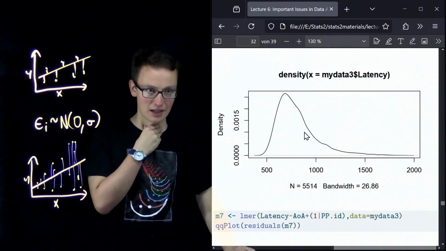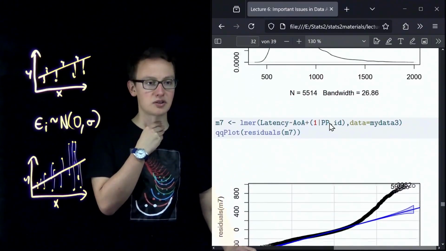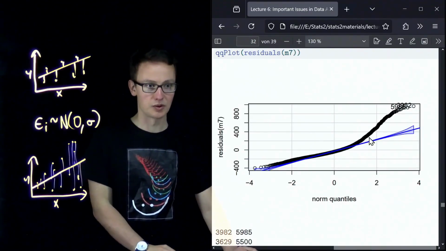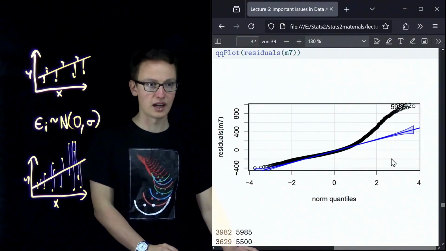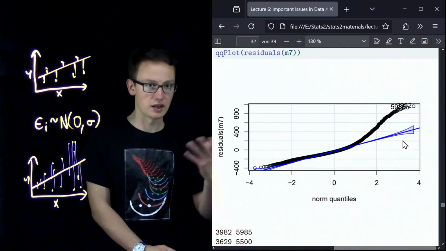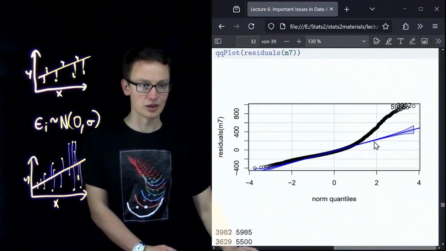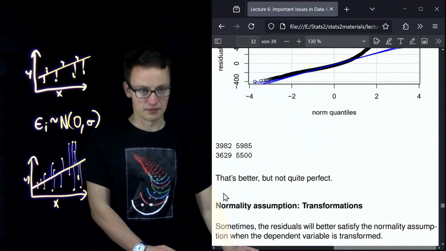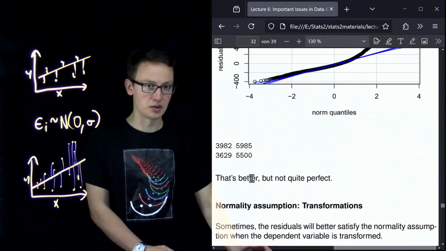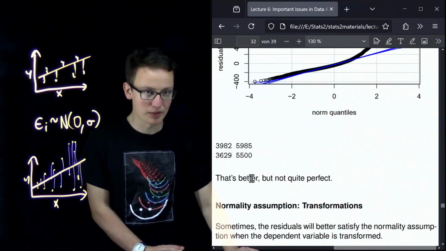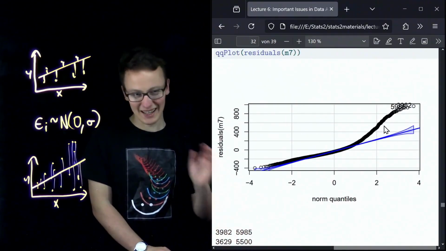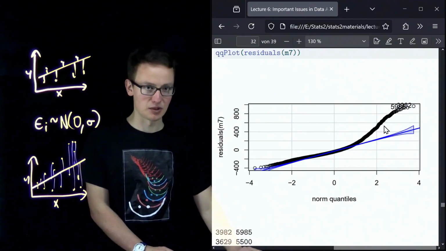So that's asymmetry. You can also appreciate it by looking at this QQ plot, where the values for the higher quantiles deviate from what would be assumed under a perfectly normal distribution of residuals. So TLDR, that's better, but still not perfect, but maybe reasonable enough to run the model and be fine with it, even though strictly speaking we are not exactly matching the assumption of normality here.